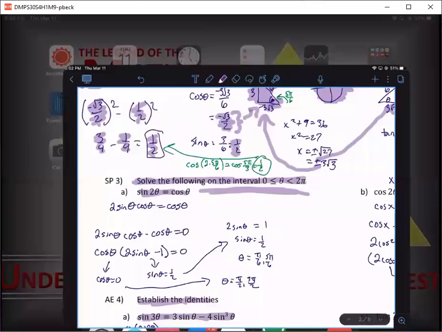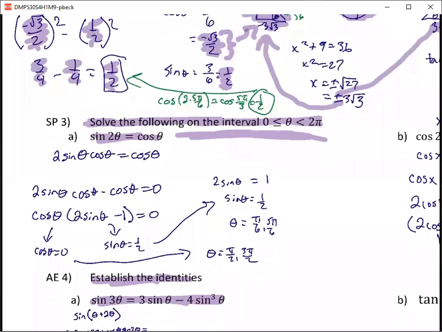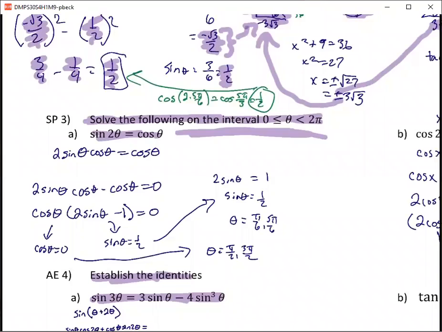Now, if I go back here and I solve, a common mistake people make is they divide by cosine. If you divide by cosine of theta, you're going to get a situation that looks like this, which only gives you two solutions. So by dividing by cosine, you just lost two of the solutions. So please don't do this. I'm going to shout no many times. Don't ever divide by the function.